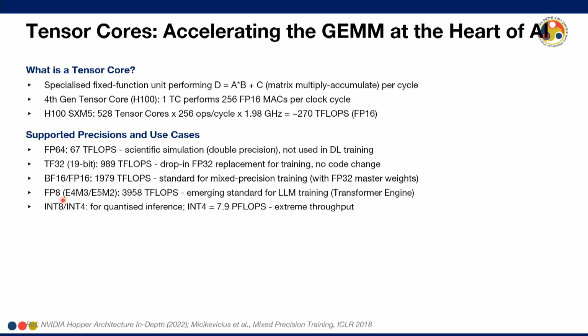If we use further reduced precision, which is FP8 or maybe INT8, FP8 will give you around 4000 teraflops, an emerging standard for LLM training, because transformers are getting trained mostly using FP8. And if you want extreme throughput, more than 7 petaflops, you can use INT4.